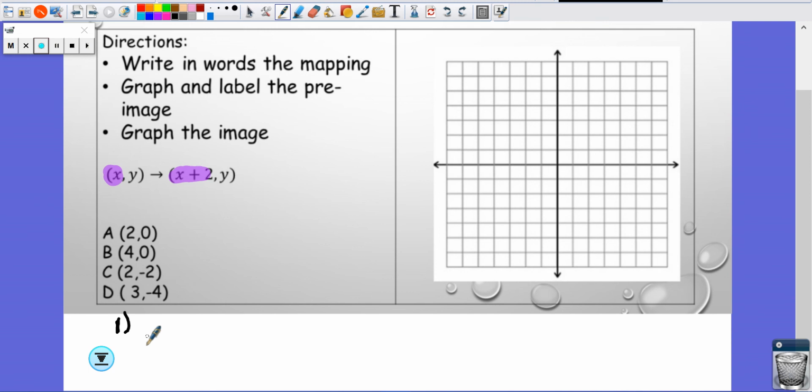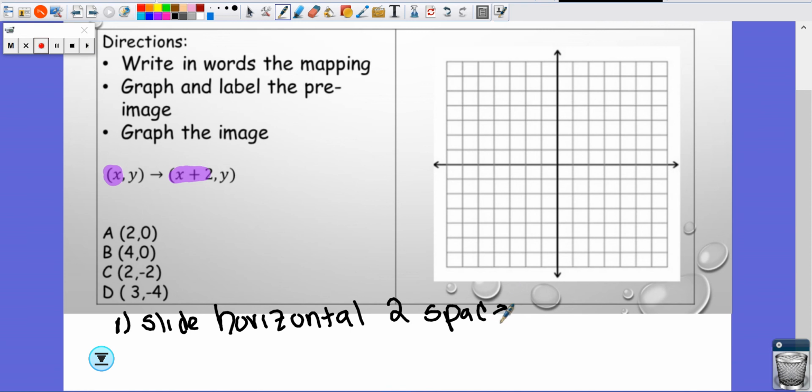So this is telling me to slide horizontally two spaces, and since that's a plus, we're going to go to the right.